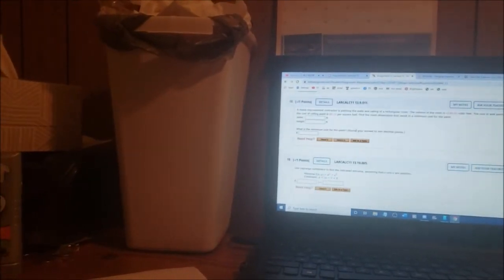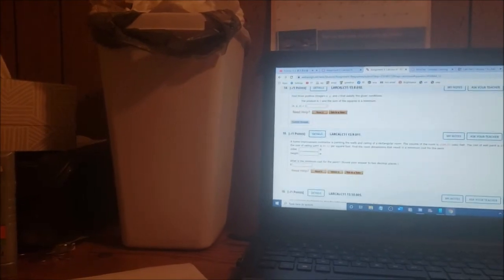And then 14, I cannot get the answer to 14, and I haven't even started 15. So here's the problem I have with 14. You basically have to find x, y, and z. The first answer I got for x was an extremely small number.